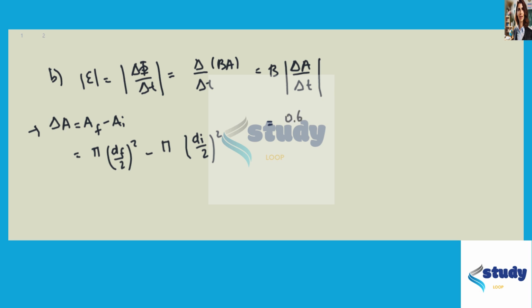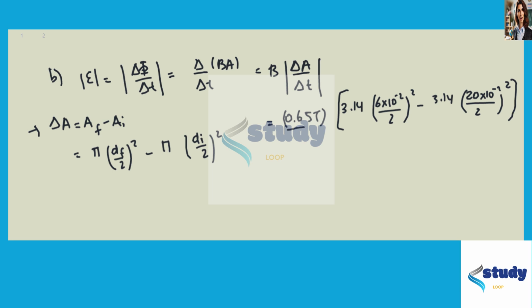B was 0.65 teslas, and delta A is going to be 3.14 for pi, times d final, which is 6 times 10 to the power of negative 2 meters divided by 2, squared, minus 3.14 for pi times 20 times 10 to the power of negative 2 over 2 squared, right? So let's put it in parentheses like this. And in the denominator, we have delta t, which is 0.5 seconds.